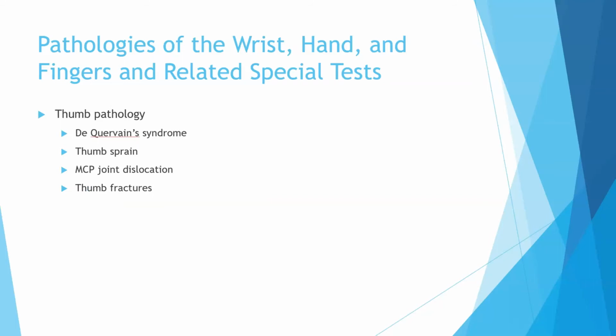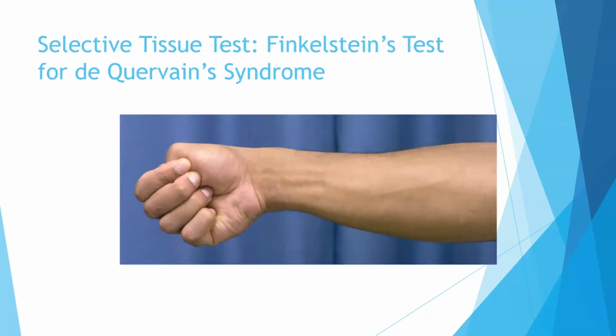De Quervain syndrome, he did talk about and show us in the video where basically you have your thumb inside your fist and the four fingers go over it and you deviate, and that's the Finkelstein's test, and it's assessing for De Quervain syndrome. And here it is right here.